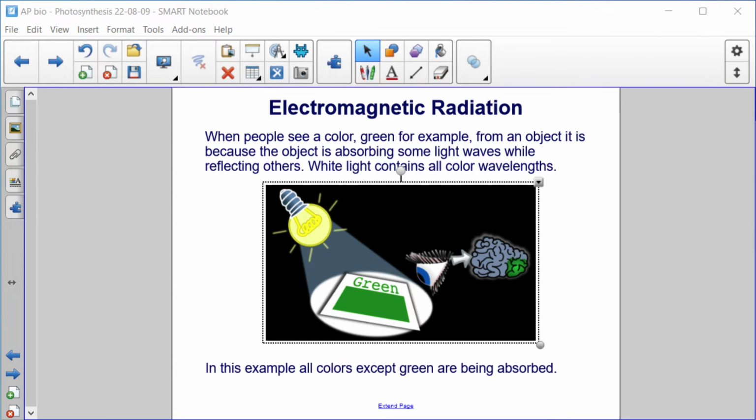When people see a color, green for example, like you see in this image, from an object, it's because the object is absorbing some light waves while reflecting others. White light contains all color wavelengths. In this example, all colors except green are being absorbed, and the green is reflected back to the eye, and your brain sees it as green.